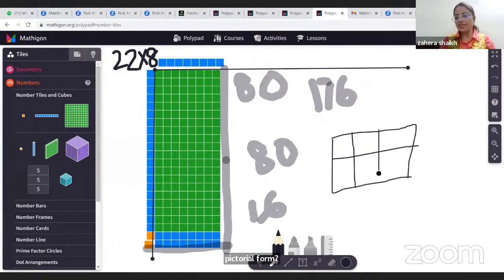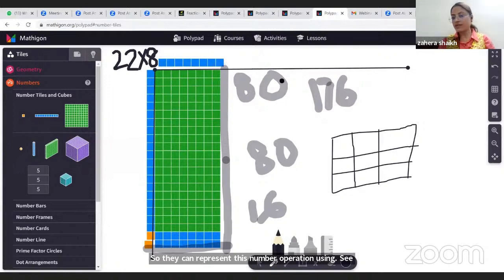So they can represent this number operation using, see on the top, I can see 8 ones. There is no tens. So I will write 8 over here because the tens place is empty. And I have 20 vertically and the bottom I have 2, right?